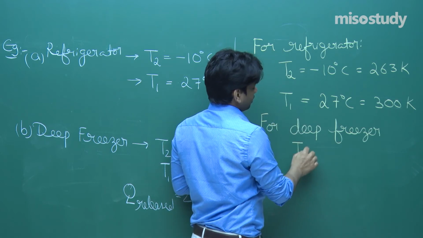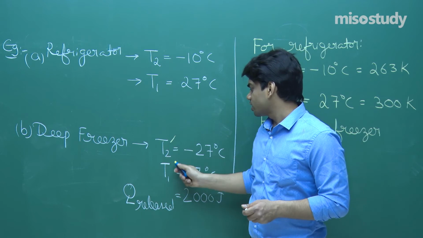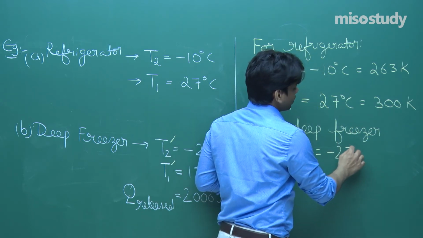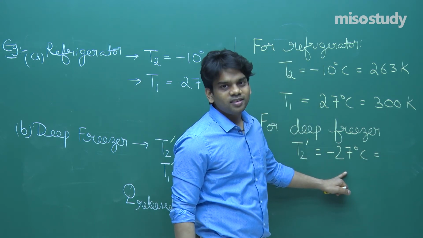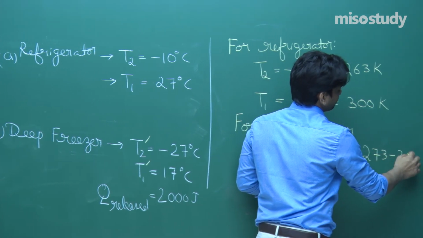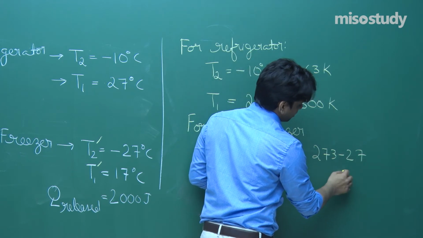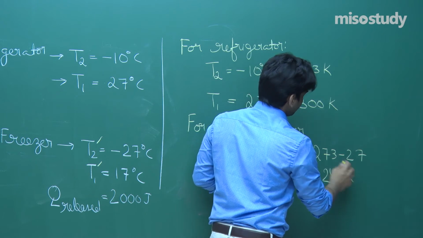Next, for the deep freezer, let's keep it as T2 dash instead of T1 and T2, minus 27 degrees Celsius. So 273 minus 27, that will give us 246 Kelvin.